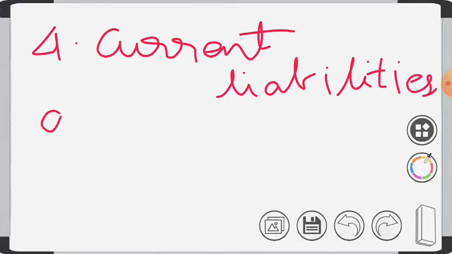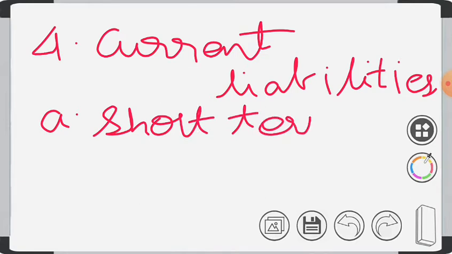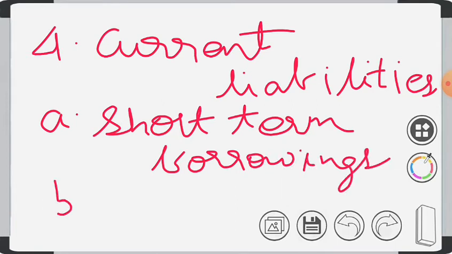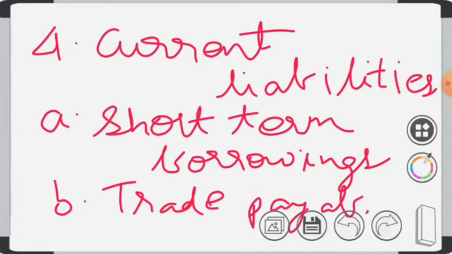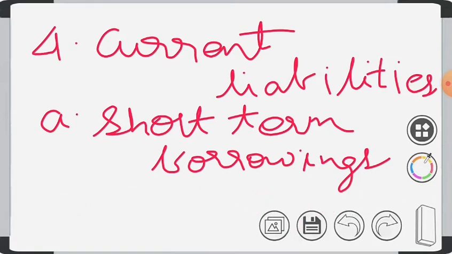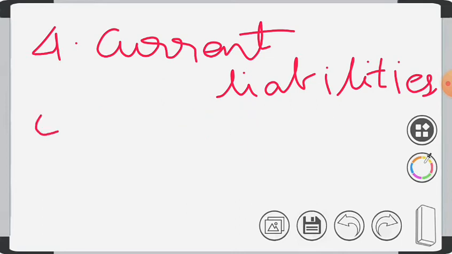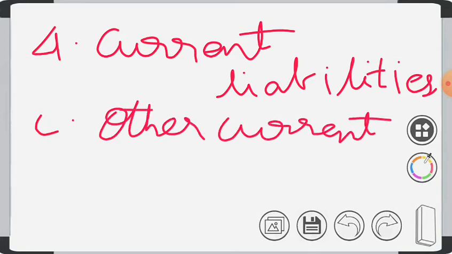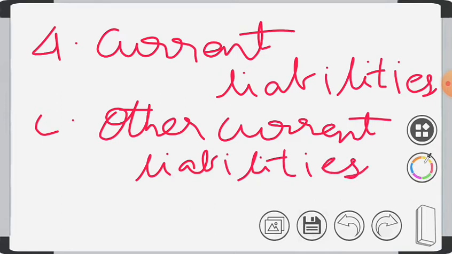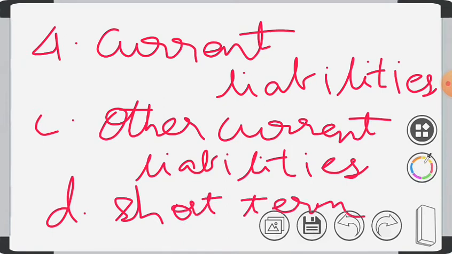Current liabilities sub points are A, short term borrowings, B, trade payables, and the C sub point would be other current liabilities, and D would be short term provisions.